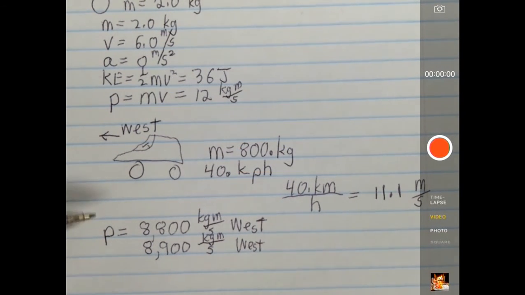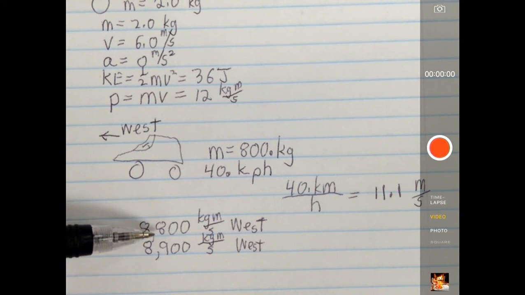I am not going to punish you if you round off only at the end of the problem. But when you round off, please round up when you're supposed to. Don't just truncate it. So I will accept either of these two answers for this example.